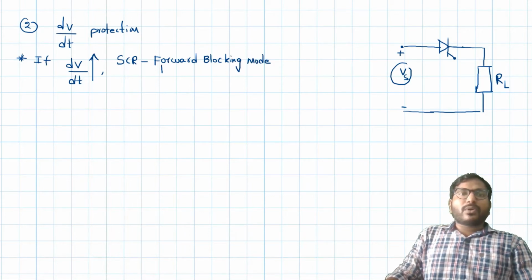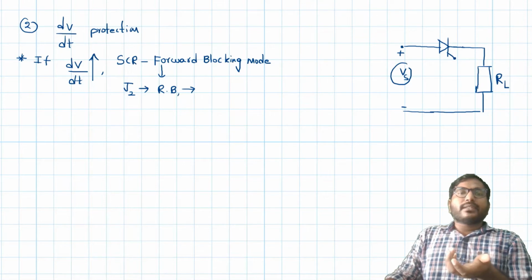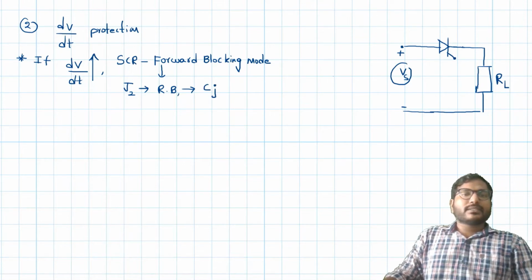In the forward blocking mode, junction J2 is reverse biased. There we can see the formation of a depletion layer width, and due to that, the formation of junction capacitance.